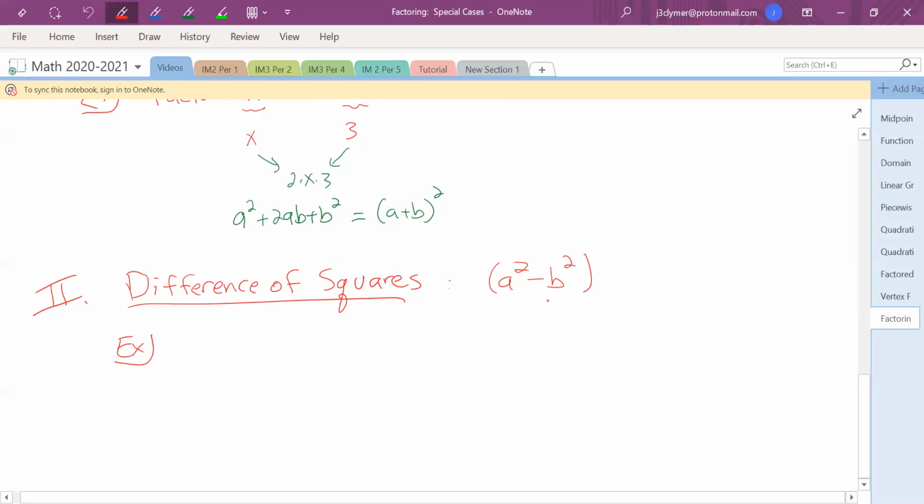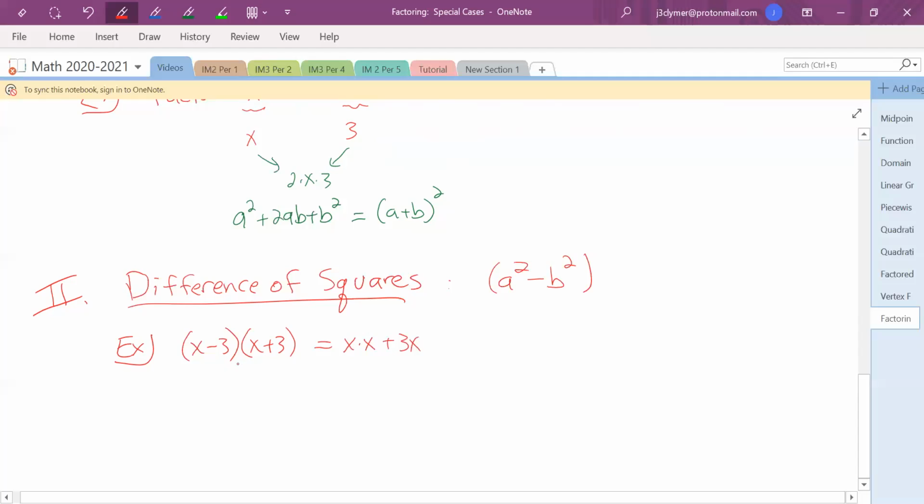Let's take a look at a specific example. Let's say we have x minus 3 times x plus 3. This is an example of two binomials being multiplied together. As we multiply them, you get the first terms, x times x. You get the outer terms, 3 times x.